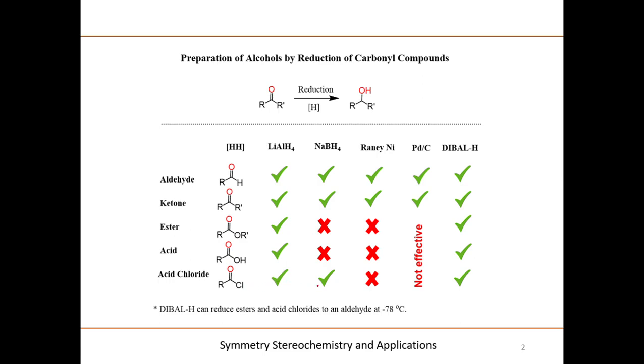Sodium borohydride can also reduce the acid chloride, but Raney nickel and palladium charcoal are not effective. DIBAL-H can also convert acid chloride into alcohol. As I told you, DIBAL-H can reduce esters and acid chloride to an aldehyde at minus 78 degree temperature. So temperature matters for DIBAL-H.